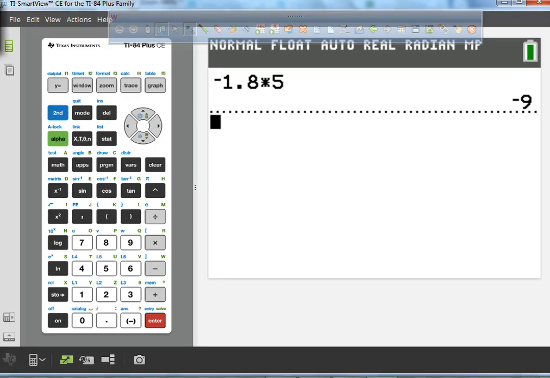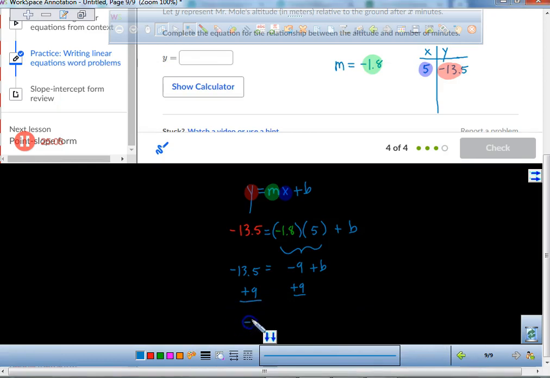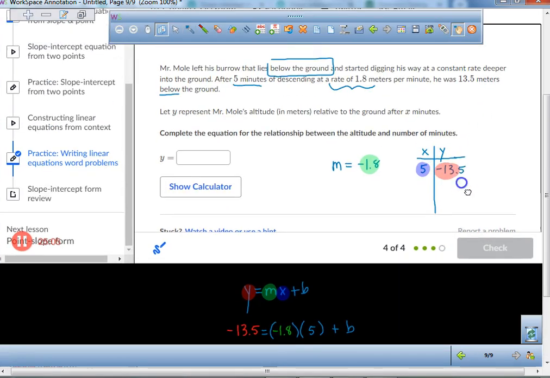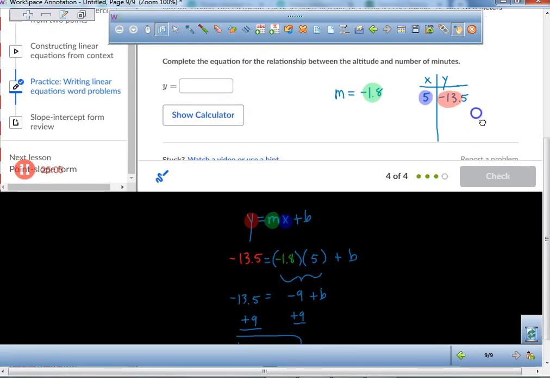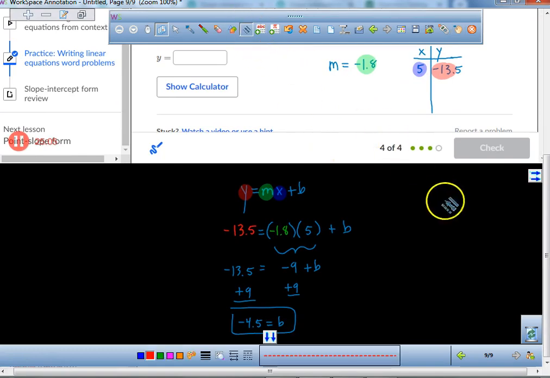Okay, so negative 13.5 plus 9. So negative 4.5. So his burrow started out at negative 4.5 meters below the ground.